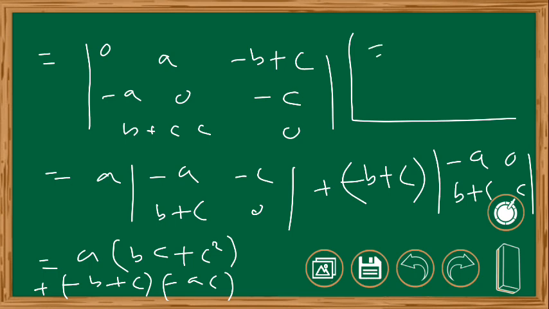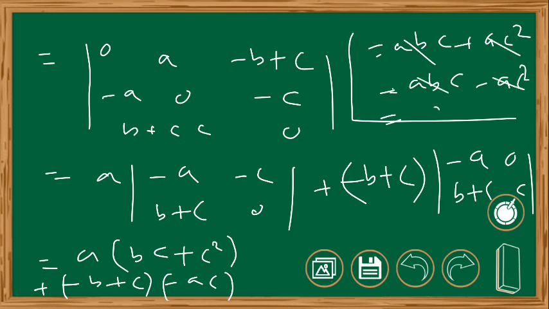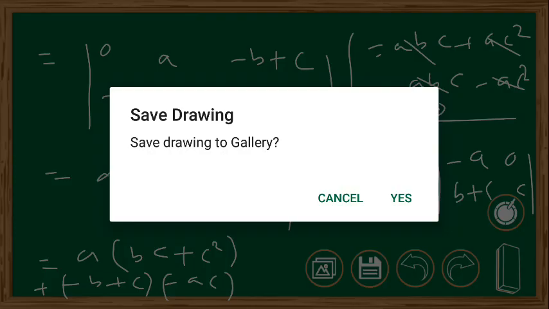This will be equal to a into b into c plus ac square, and this one is minus a into b into c and minus ac square. So you can see all the terms are getting cancelled. This is cancelled with this and this is cancelled with this, and at last I am getting the value to be 0. So this is how we solve this question.